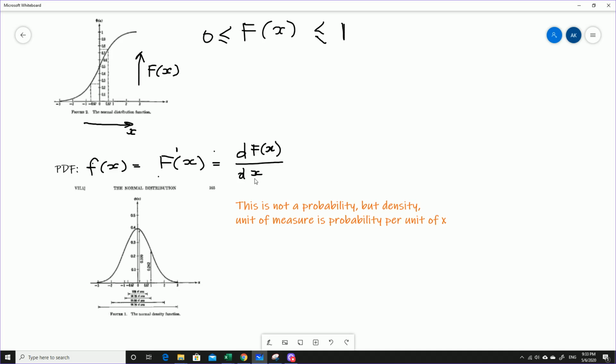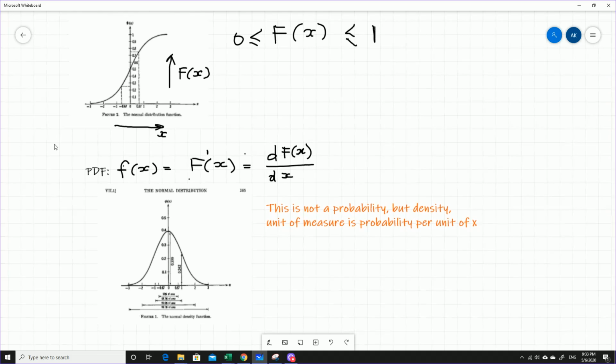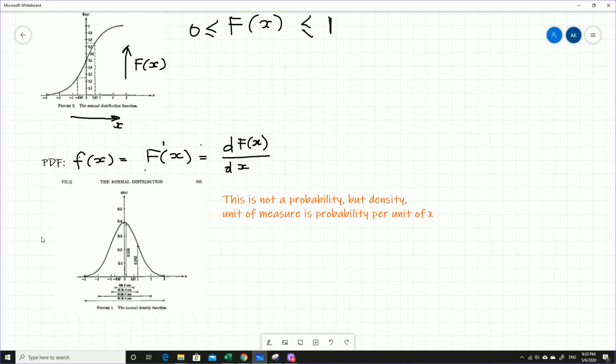If your x is in yards, then the PDF will be measured in probability per yard. So the probability density function is not a probability. It's a density, and the unit of measure is probability per unit of x, whatever your x is. Usually x is a unitless value. In probability and statistics, oftentimes we use some abstract x, some 1, 2, 3. We never say what it is.